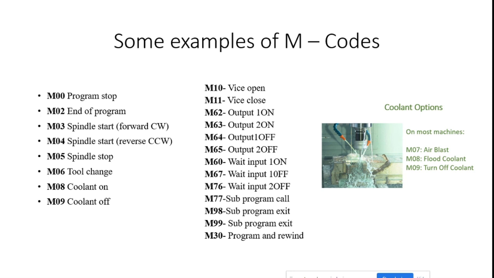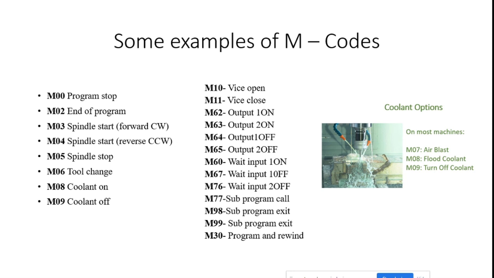After that, M03 is for spindle start, and M04 is also for spindle start. What is the difference? If I utilize M03, it is forward clockwise spindle start, and M04 gives the reverse motion, which is counterclockwise spindle motion.